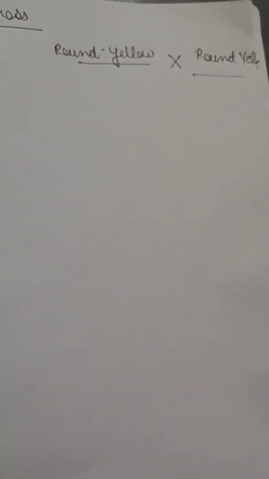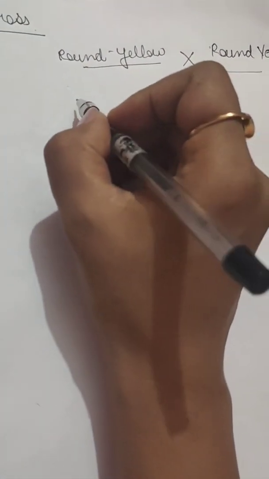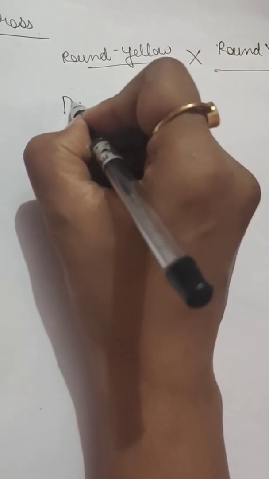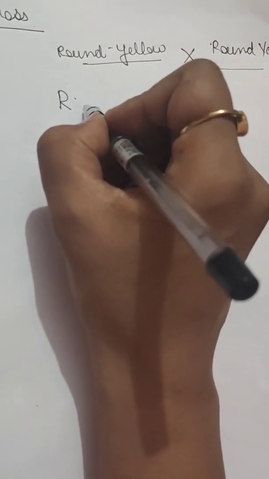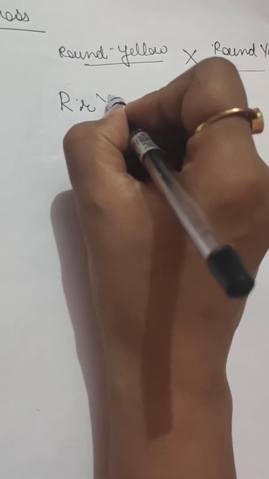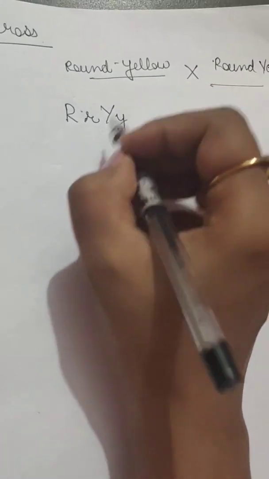Okay, so this is for the F1 generation phenotype. Now the factors of inheritance will be, since we have got a capital R and a small r and a capital Y and a small y, because this and this are the dominant genes and they represent the round and yellow color.